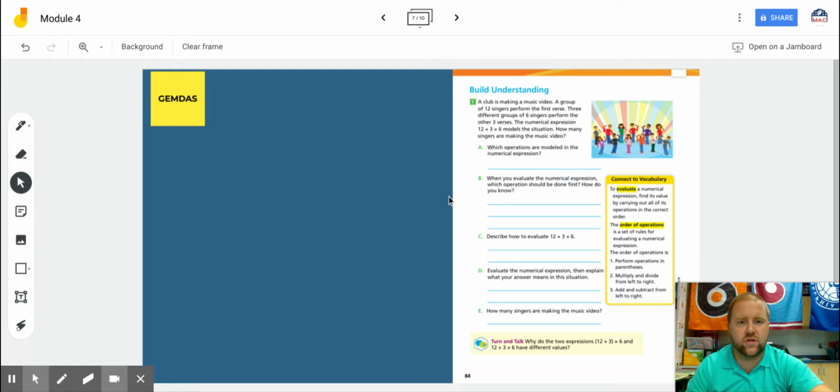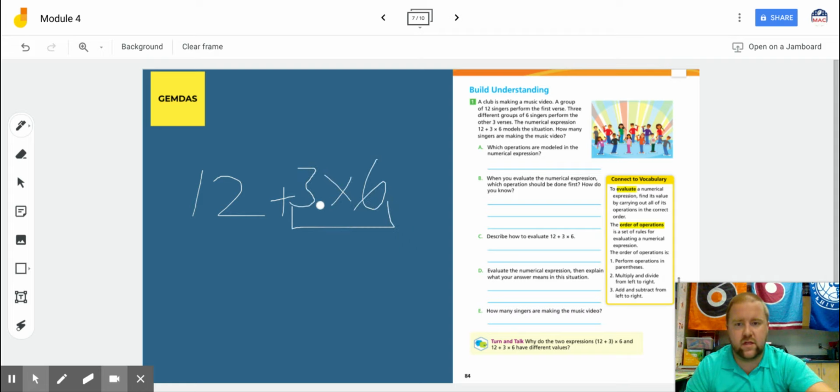So the big question is, what are we going to do first? Do we do the addition first, or we do the multiplication first? And when we think about the GEMDAS steps, the group, exponent, multiplication, division, addition, and subtraction, we want to make sure that we are multiplying before addition, because M comes before A in this problem, right? So in our example of 12 plus 3 times 6, this needs to be done first.